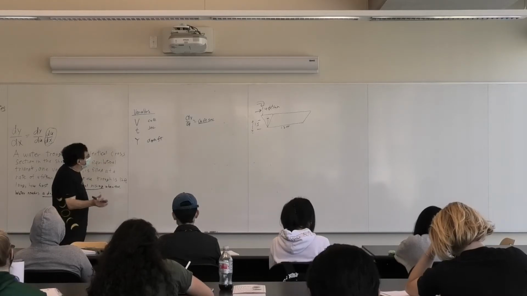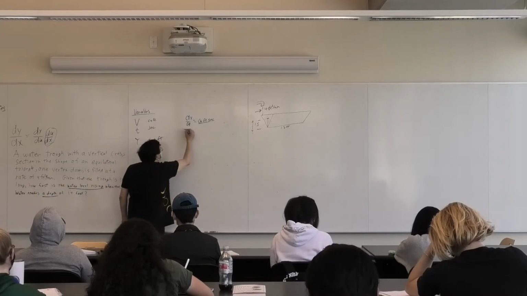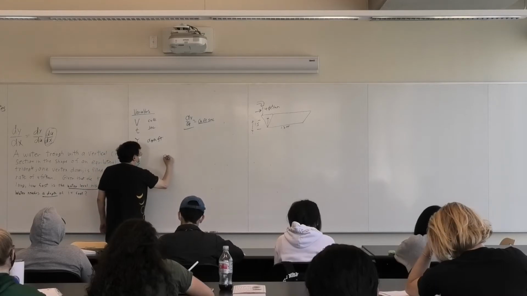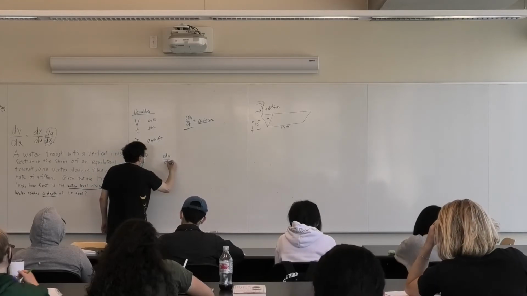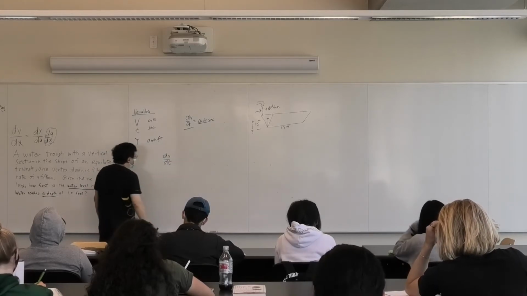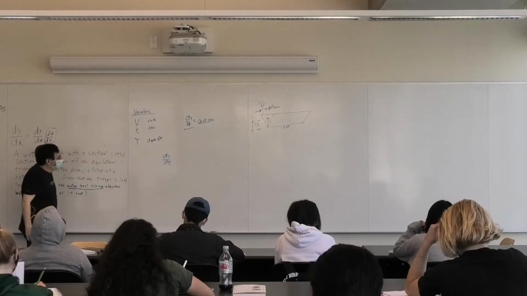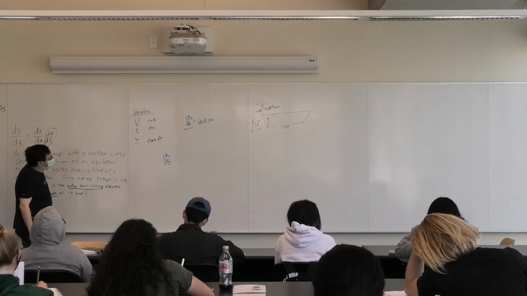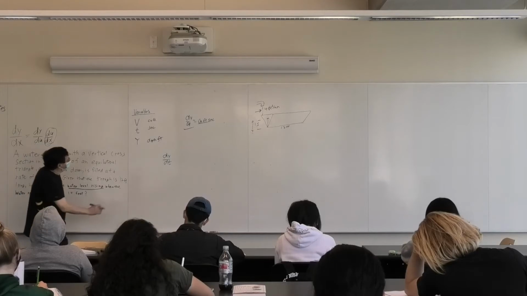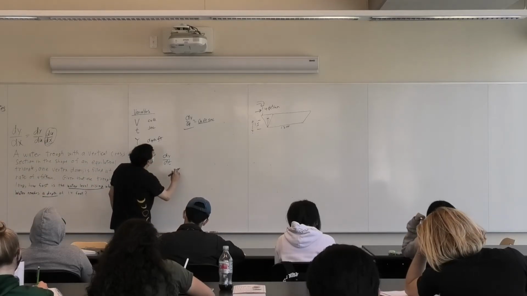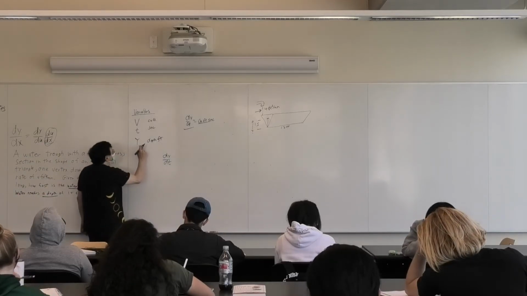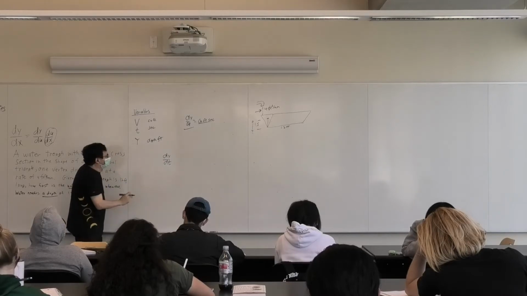So Levy was kind enough to give us a rate here, dy dt. That's going to fit in somewhere with the chain rule. Oh, actually, not sure. Did you mean this, the depth per second? Or you said the volume, right?